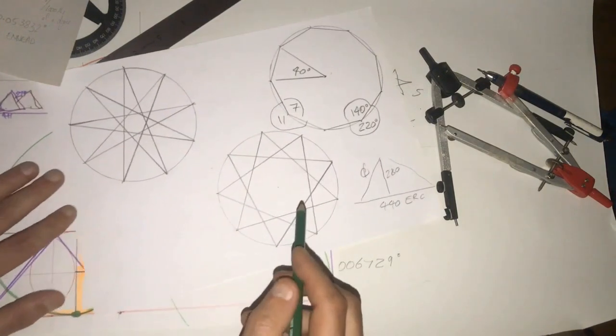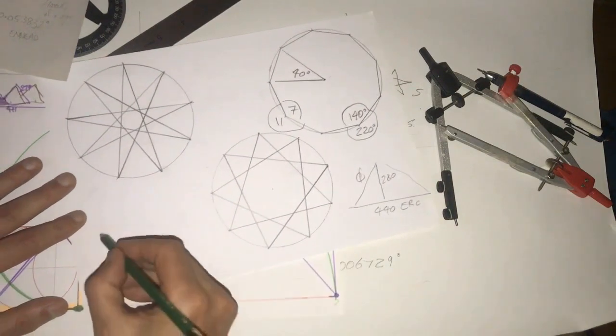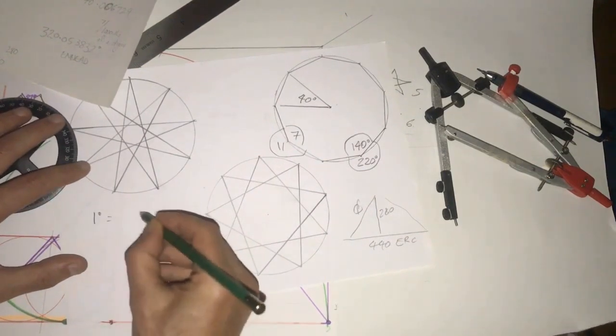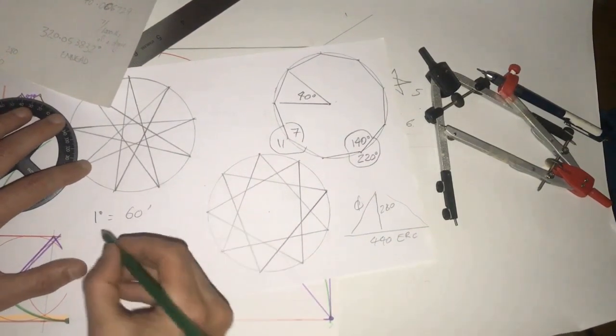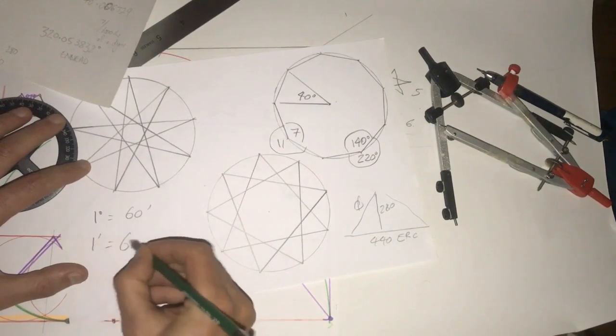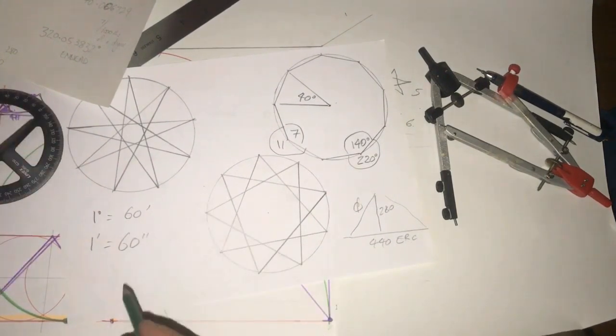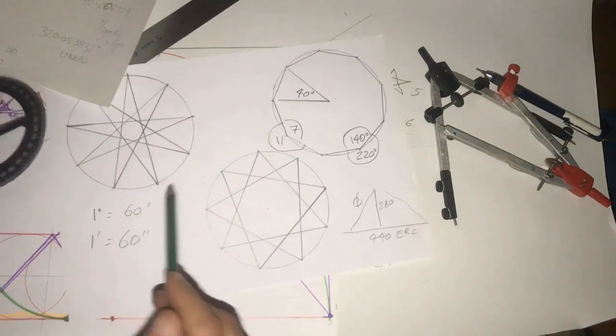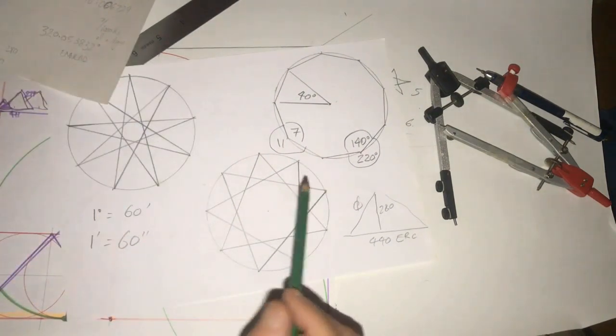Now here's another interesting feature. 360 degrees, each degree is broken down into 60 minutes, and each minute is broken down into 60 seconds. Now we use decimal, but the old school way was minutes and seconds, exactly the same as on the clock, where 1 hour is 60 minutes and each minute is 60 seconds. Same principle in old school navigation.